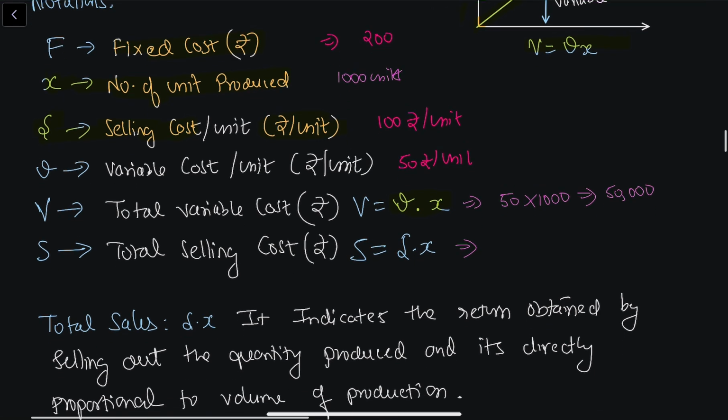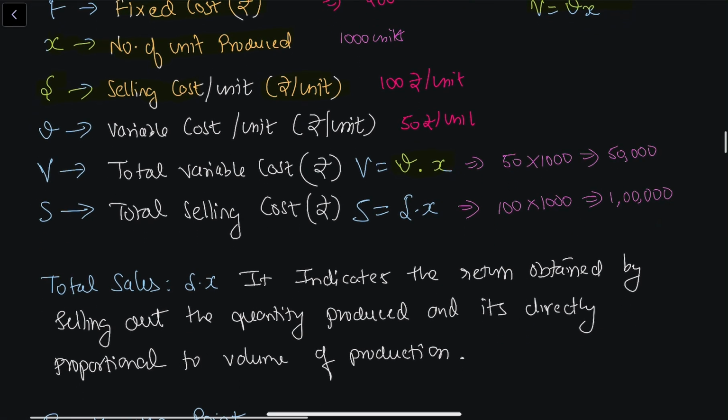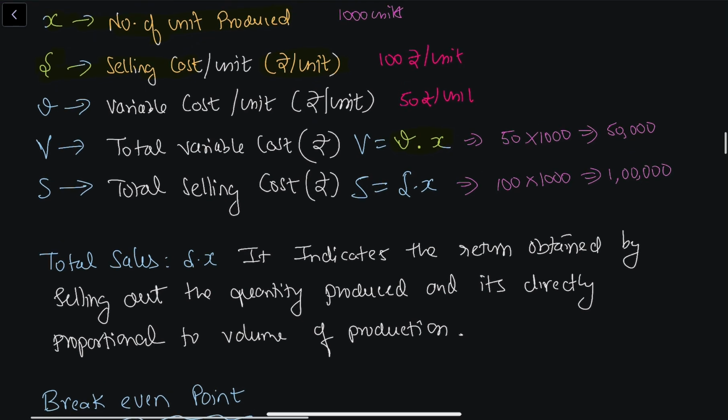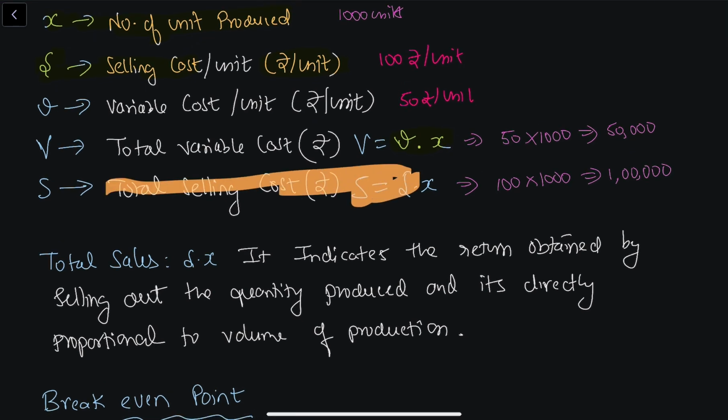Similarly, my total selling amount will be 100 into 1000 units, which will be 1 lakh rupees. So I'm making a product for 50,000 and selling it for 1 lakh, right? This is the whole idea. So total sales, denoted by S, is nothing but the selling price per unit multiplied by the number of units you're selling.